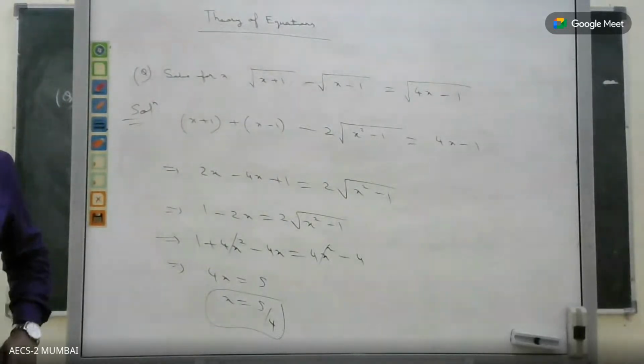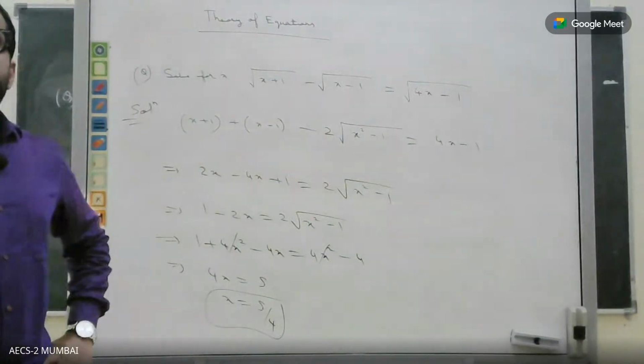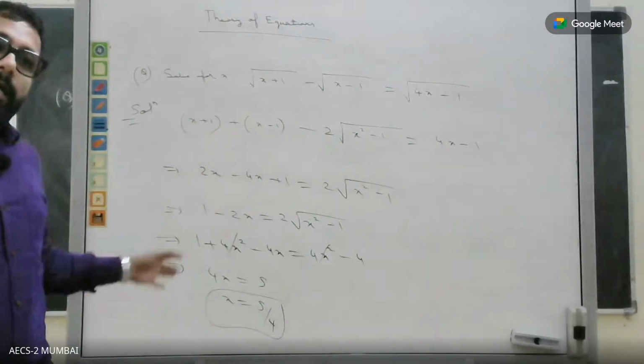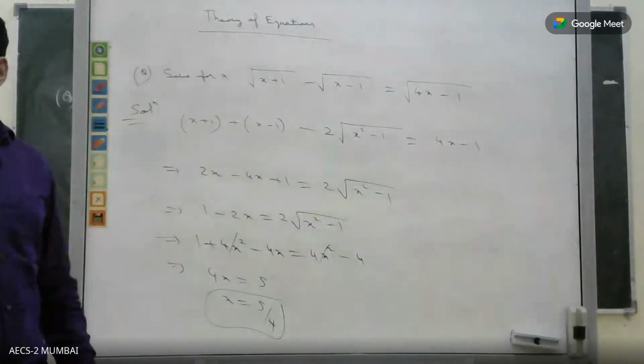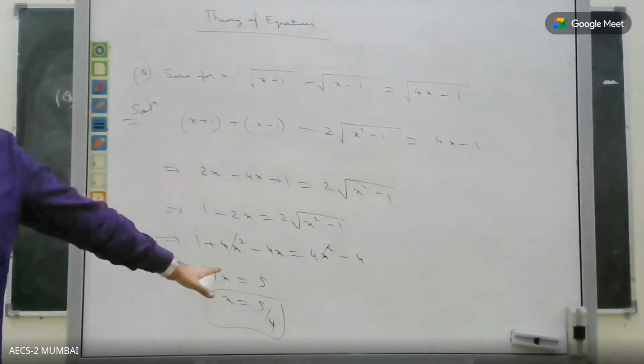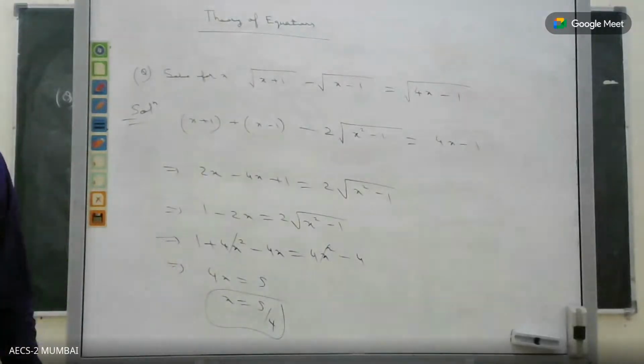Yes, you understand? I squared, rearranged the terms, removed the surds, and I got x equal to 5 by 4. Yes? The answer is x equal to 5 by 4, correct?